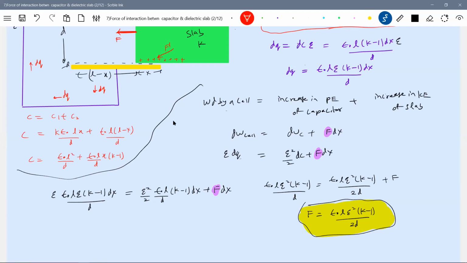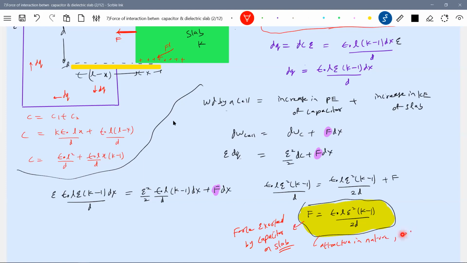So what is this F? Force exerted by capacitor on slab. Is it attractive? Yes, attractive in nature. Is it conservative?